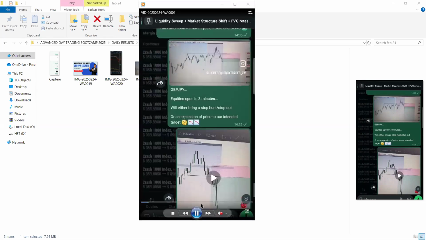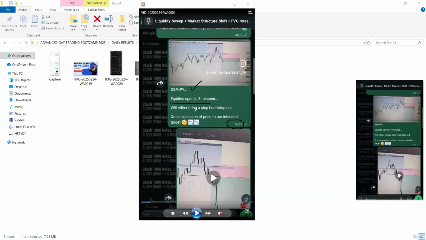So you can see in my community group, I try to share all the information which I have on the particular trade, in greater detail so that people understand. So you can see GJ. This was 1628. It was 2 minutes before the equities market open. So we mentioned equities open in 3 minutes.